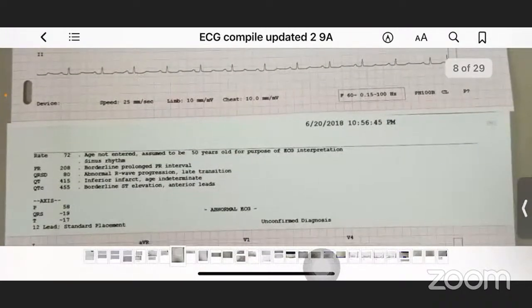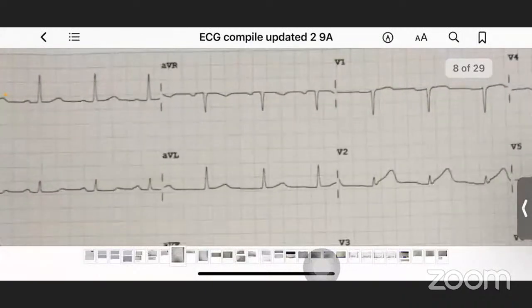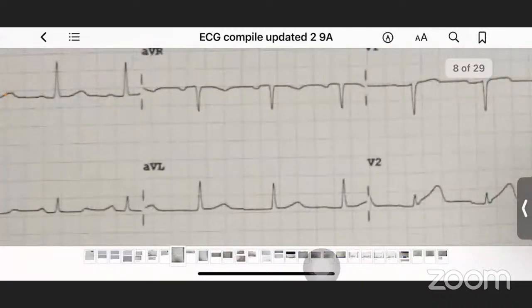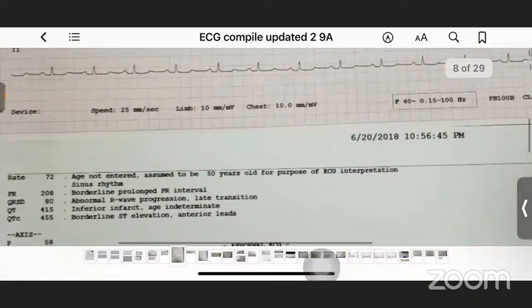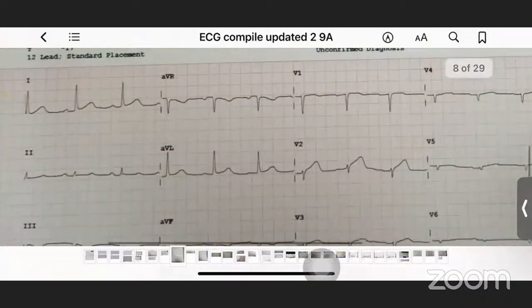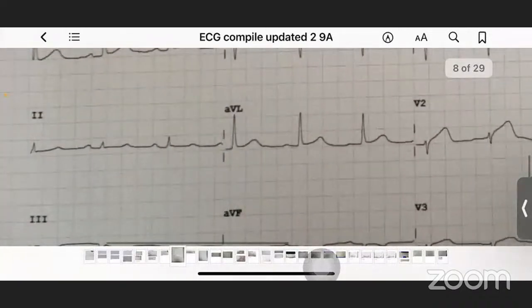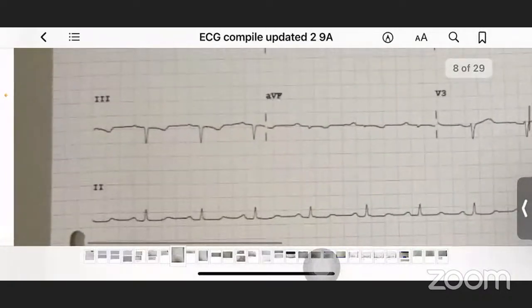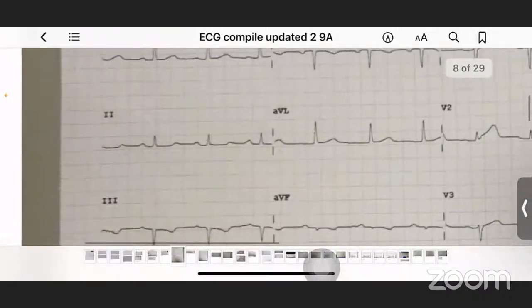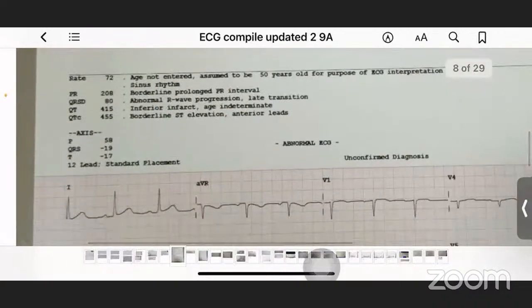PR interval is a bit borderline, almost 1 big square already. Now you see inferior leads got ST elevation 1 millimeter. The first one was not so clear, maybe got a little bit, but not so clear. That's why we need to repeat the ECG.